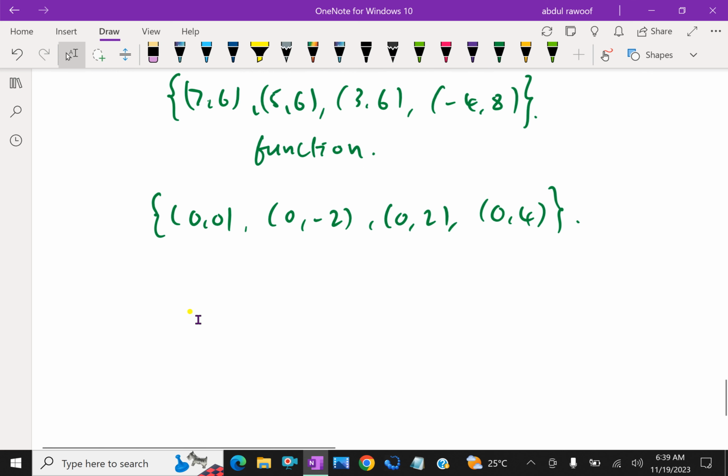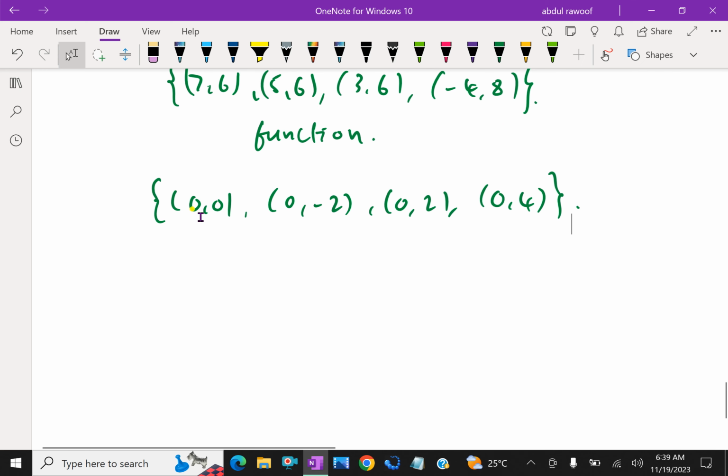For x is 0, y is 0, and x is 0, y is minus 2. These are two same values of x, that is 0 and 0, with 0 for y and minus 2 for y. So for a particular value of x there are two different values of y. So it's not a function.